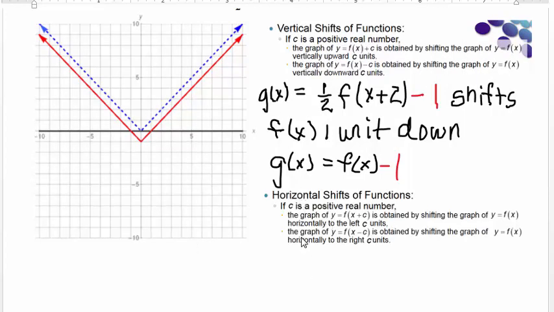So g of x has within it this 1/2, which we'll talk about later, and then this plus 2.